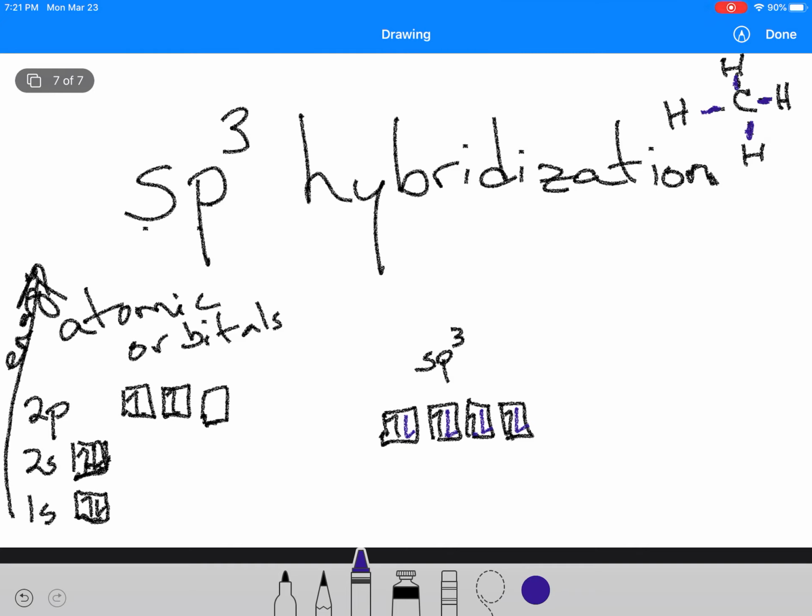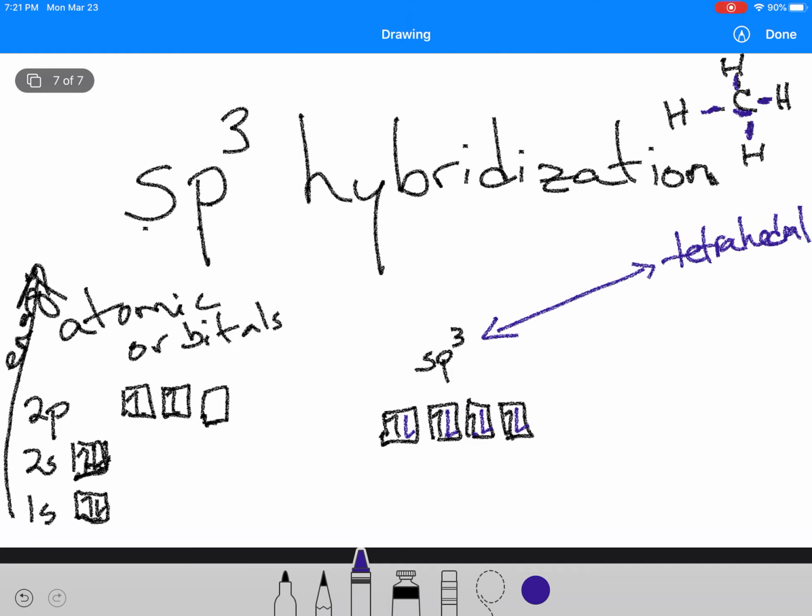Okay, let me show you another example of sp3 hybridization. Now remember, this sp3 hybridization for this methane molecule, the methane molecule itself is tetrahedral, and so in the end, the main takeaway is going to be that whenever you have a tetrahedral shape around a central atom like this carbon, you know that it is sp3 hybridized.